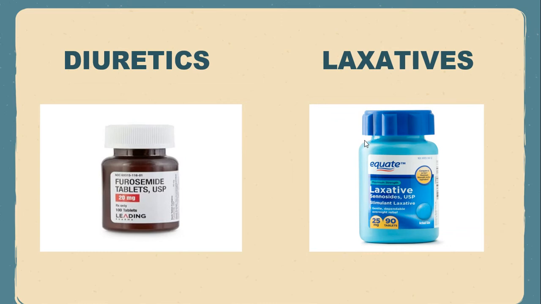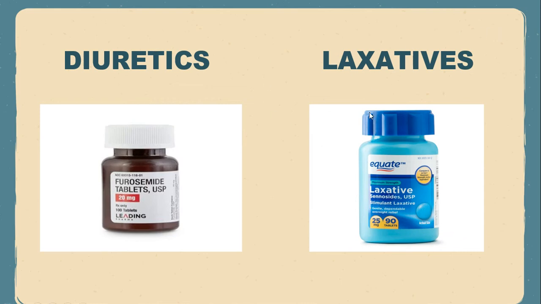Diuretics are sometimes called water tablets because they can cause you to pass more urine than usual. They work on the kidneys by increasing the amount of salt and water that comes out through the urine. Diuretics are often prescribed for heart failure patients and sometimes for patients with high blood pressure. Examples include furosemide or chlorthalidone. I mean, these two are medicines.